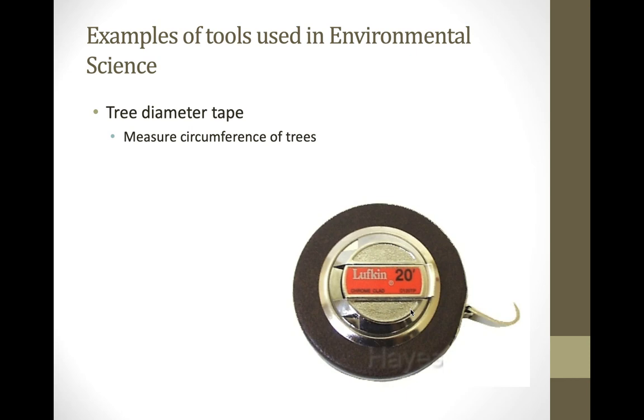So you're looking at what is the diameter at that particular area, and these tree diameter tapes can help you to be more accurate than just a Biltmore stick would.